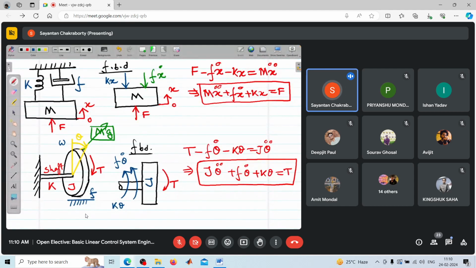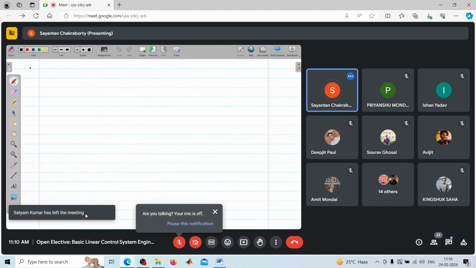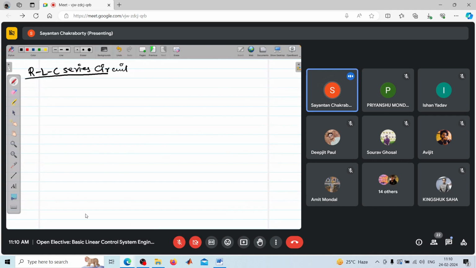Now, just keeping this in mind, let us get back to the basic or fundamental electrical systems, say the RLC series circuit.